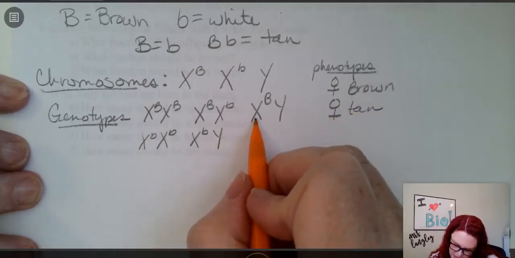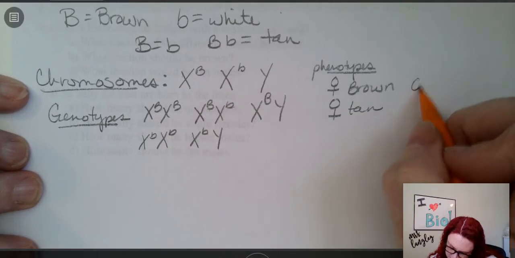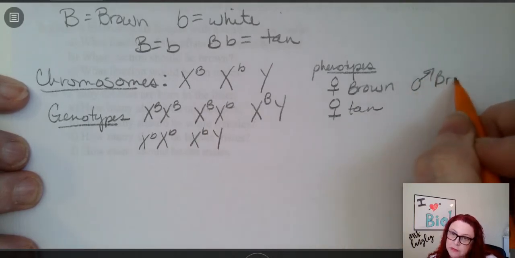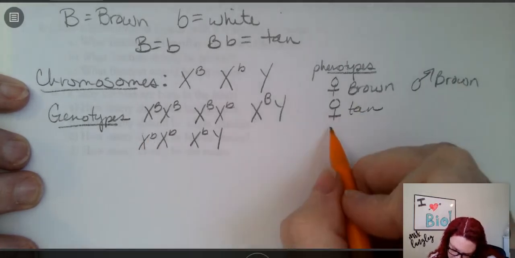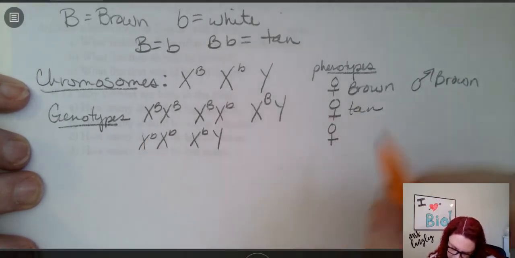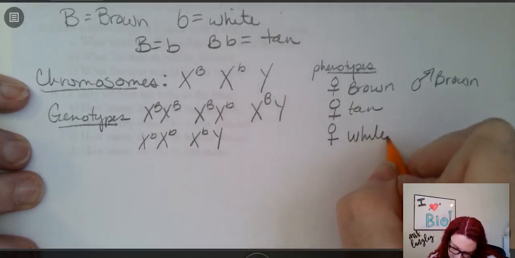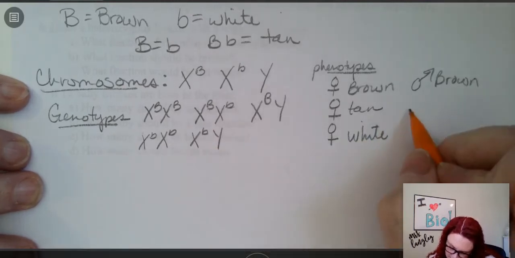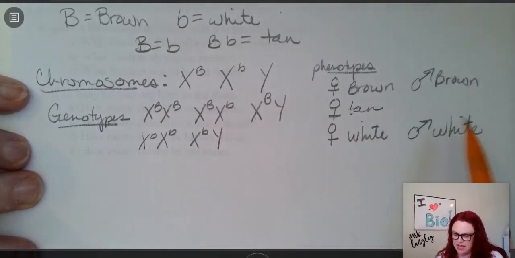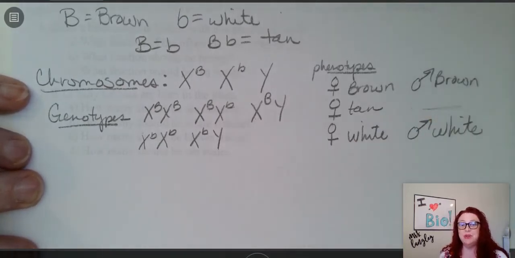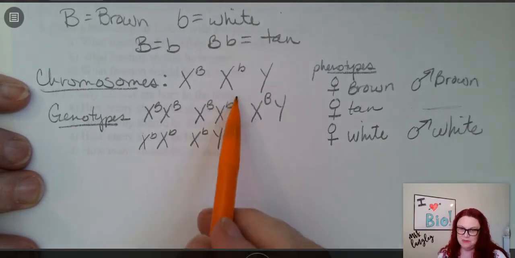I can have male brown, I can have female white, and I can have male white. But notice no male tan. That's because you have to be heterozygous. Only this one can be tan.